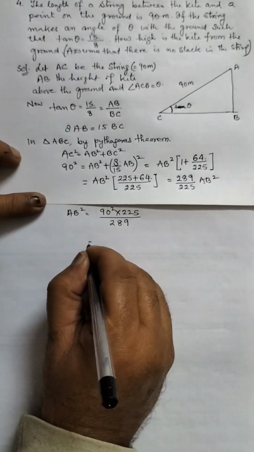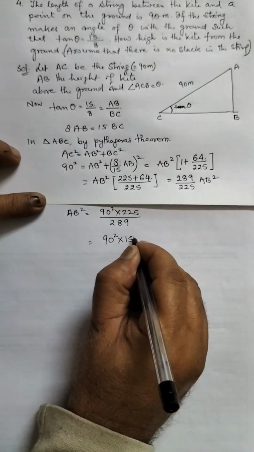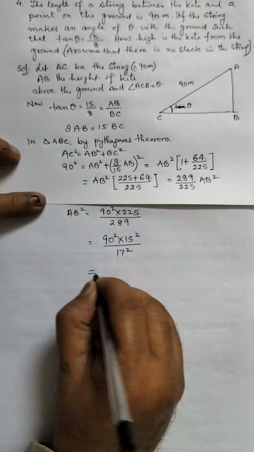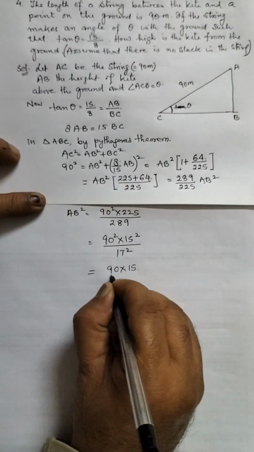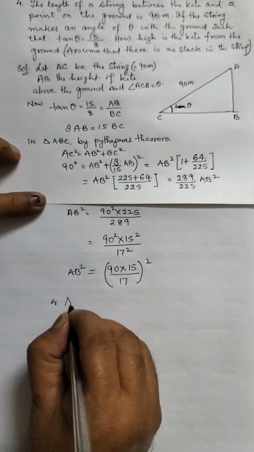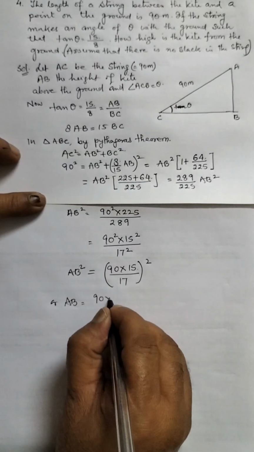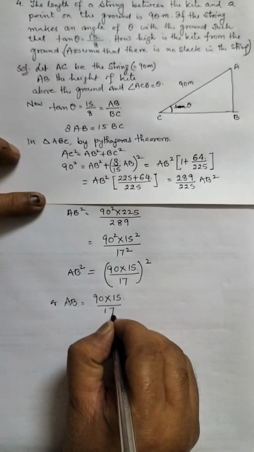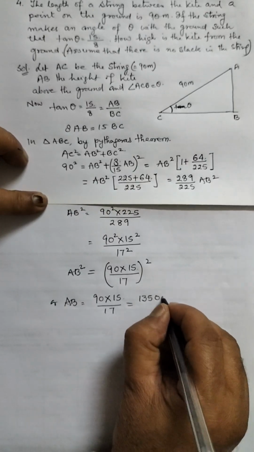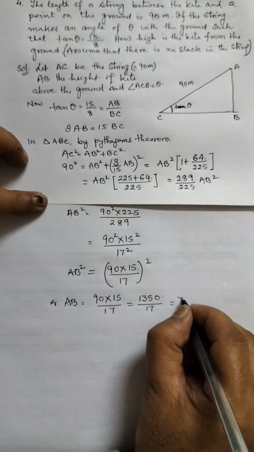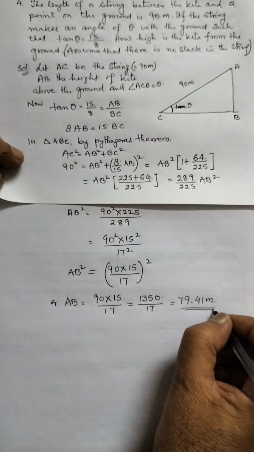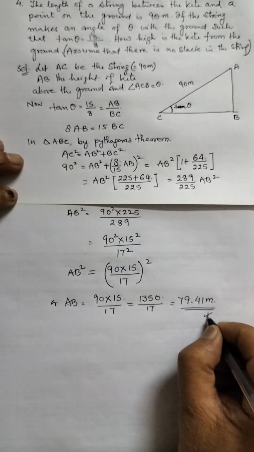I can write it as 90 square into 15 square upon 17 square, or this can be written as 90 times 15 upon 17 whole square is AB square, or AB is 90 times 15 upon 17, which on simplifying gives 1350 upon 17, that is 79.41 meters is the height of the kite from the ground. This is our final answer.